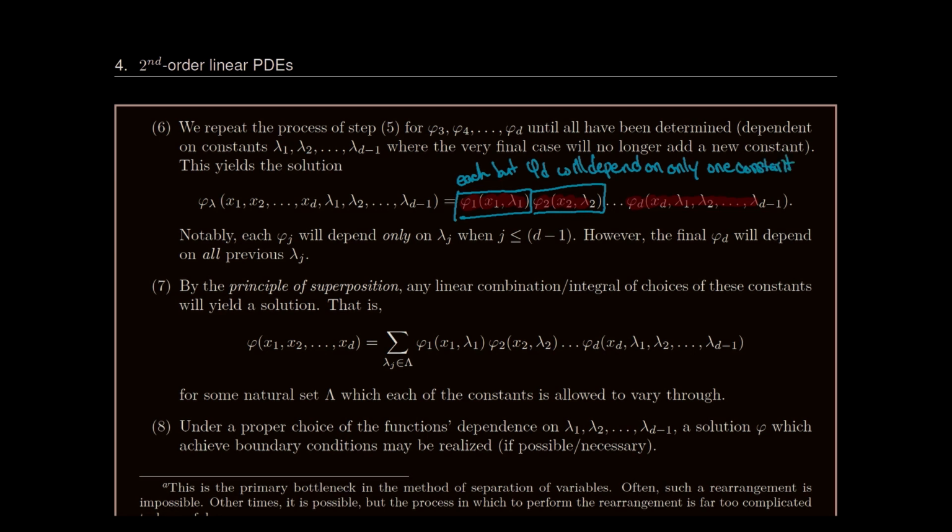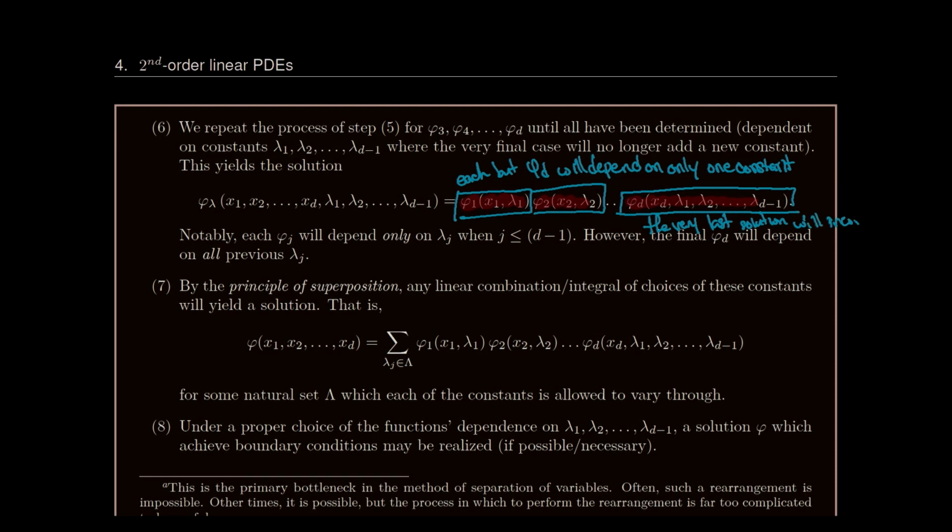G, we pushed all the constants into the function g, and so the ODEs themselves only depended on the other constant, except the very last case, in which case g will be a function of all of the lambdas. And so the very last solution will care about all the constants.